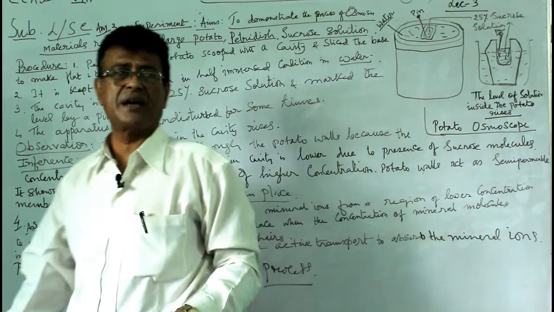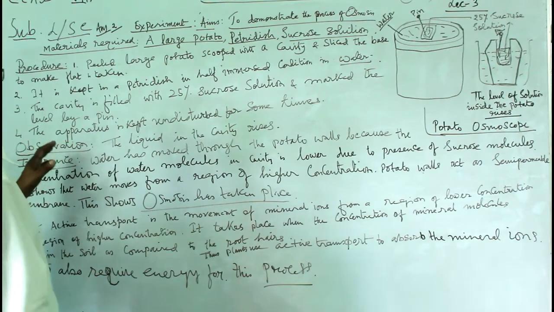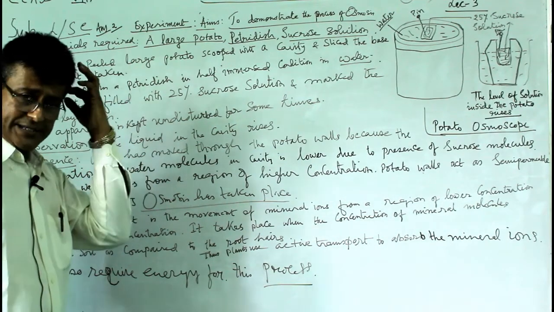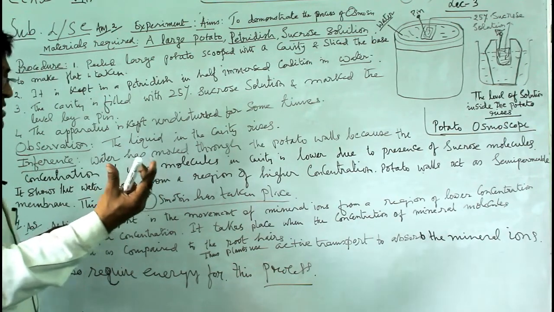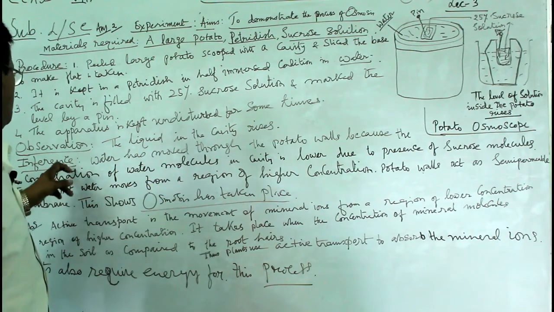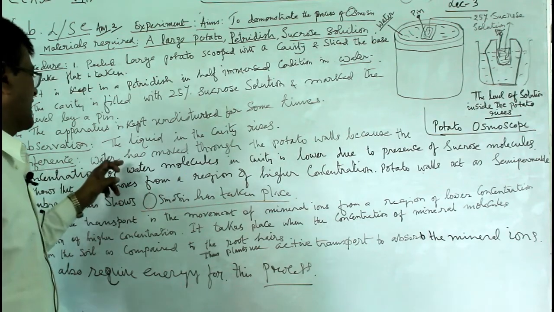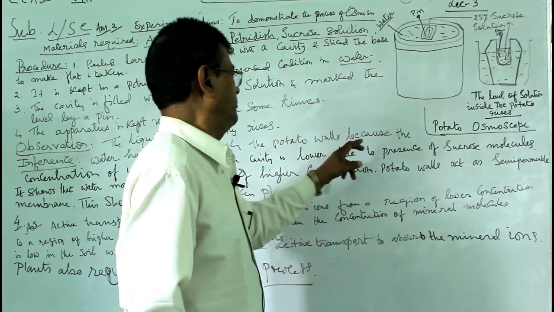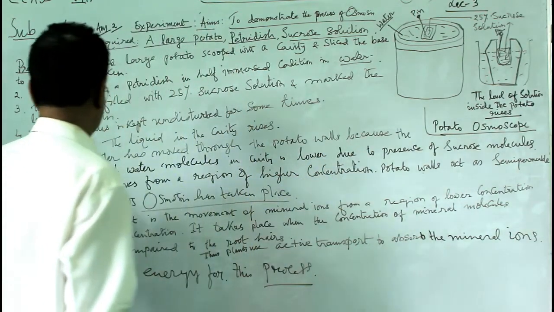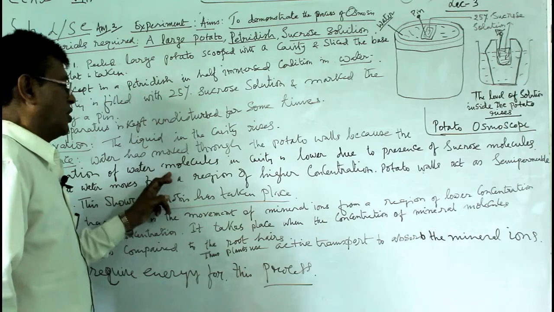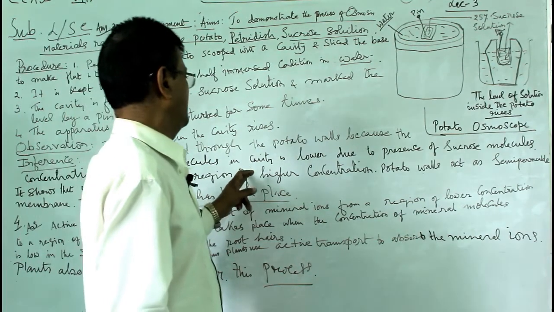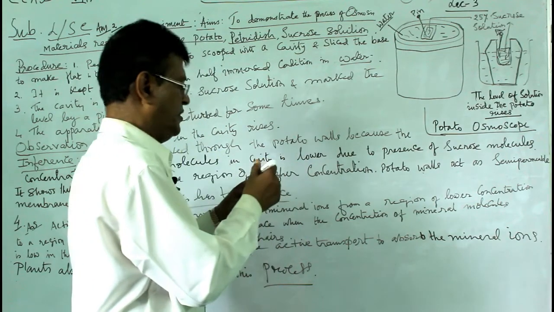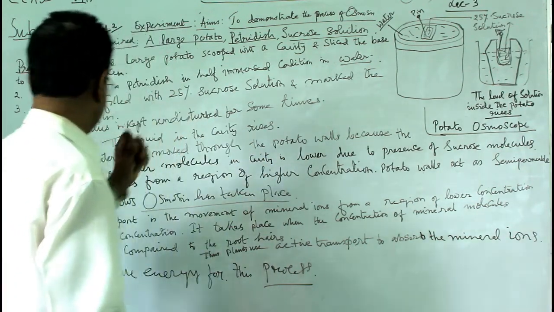Now, after some time, what will happen? We will observe the liquid in the cavity rises. The liquid in the cavity inside the potato rises. What is the inference? Water has moved through the potato walls because the concentration of water molecules in the cavity is lower due to the presence of sucrose molecules.